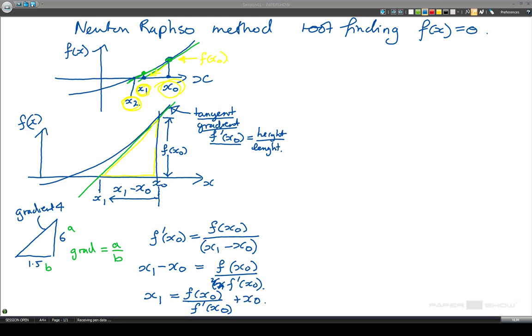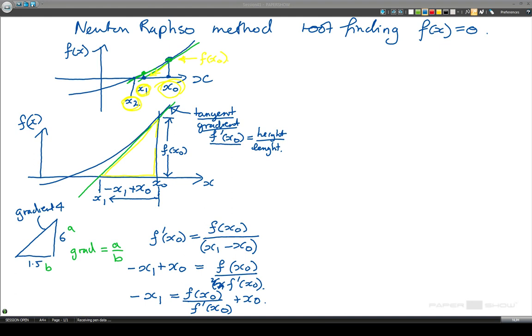Except, and I don't know quite why this has happened, but it is to do with this length here. This should be, yes, I can see now what the issue is. This should be minus x1 plus x0. So the difference should be x0 minus x1. And so that should be minus x1 plus x0. And it should be minus x1.